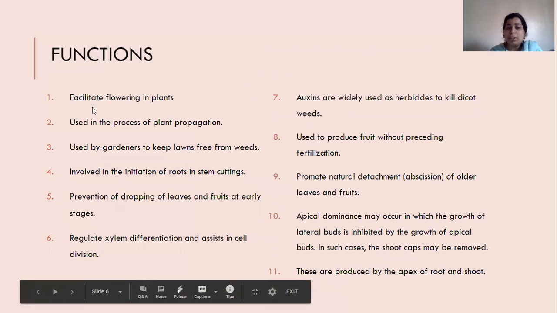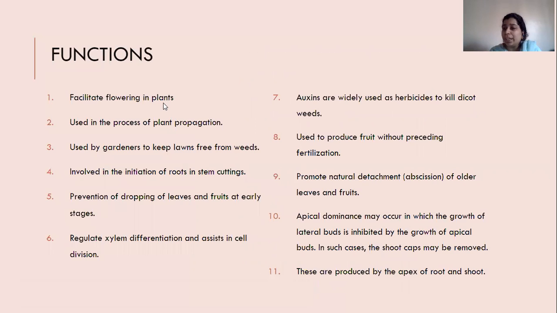The first function is that it facilitates flowering in plants, so you get an abundance of flowers. It is used in plant propagation. What is propagation? You need to produce one type of plant in abundance, so you artificially make the plant with the desired characteristics to have its benefit. It is used by gardeners to keep lawns free from weeds.